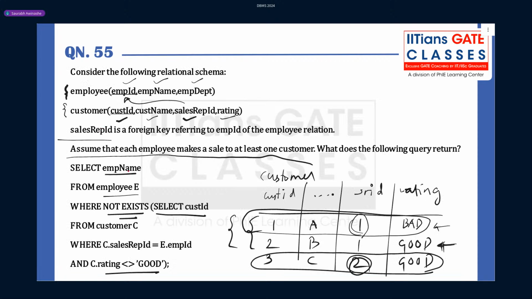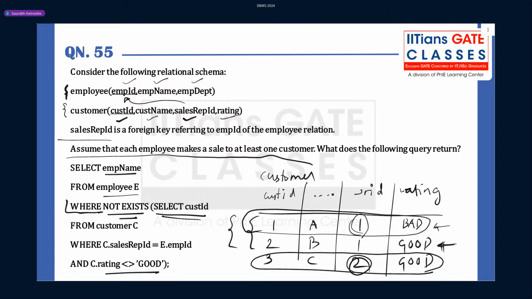So let's try to logically reason it out, right? So now when will the where clause evaluate to true? The where clause evaluates to true when the inner query will return no tuples. And when will the inner query return no tuples? The inner query will return no tuples when there is no customer related to the employee who has a rating that is not good, right?